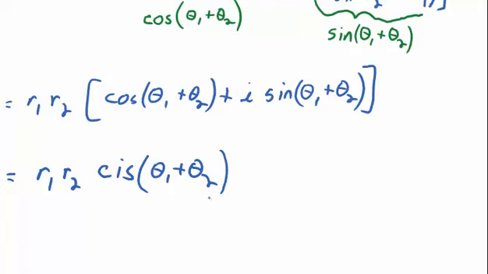It's saying that if you want to take the product of two complex numbers in trig form, you just multiply their absolute values together and take cis of the sum of their angles. It couldn't be easier, you guys. It's way easier than multiplying them out in standard form where you're foiling them out. It's way quicker, as long as they're already in trig form. If they're not, then it's not way quicker.